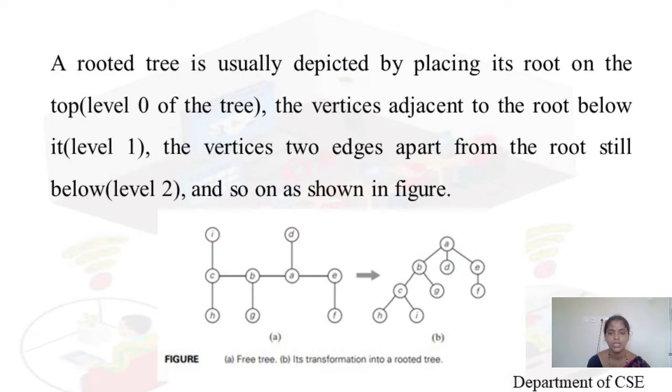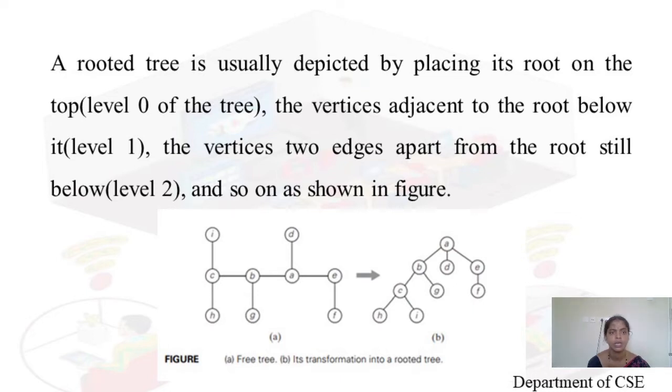A rooted tree is formed from a simple tree this way. There is a free tree in the picture at the left hand side, and its transformation into a rooted tree, choosing the vertex A arbitrarily as a root.